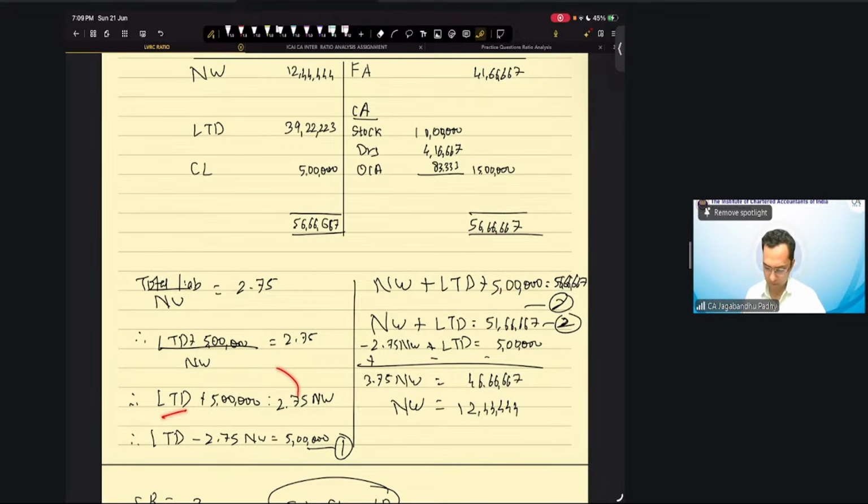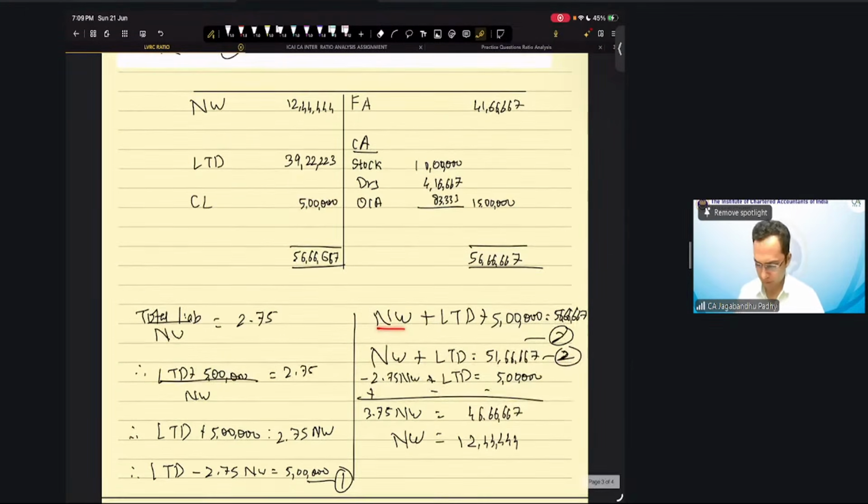You have long-term debt minus 2.75 net worth as 5 lakh. And then on this side, you have net worth plus long-term debt plus 5 lakh is 56 lakh 66,667. So 5 lakh goes to the other side and is subtracted, which gives 51 lakh 66,667.